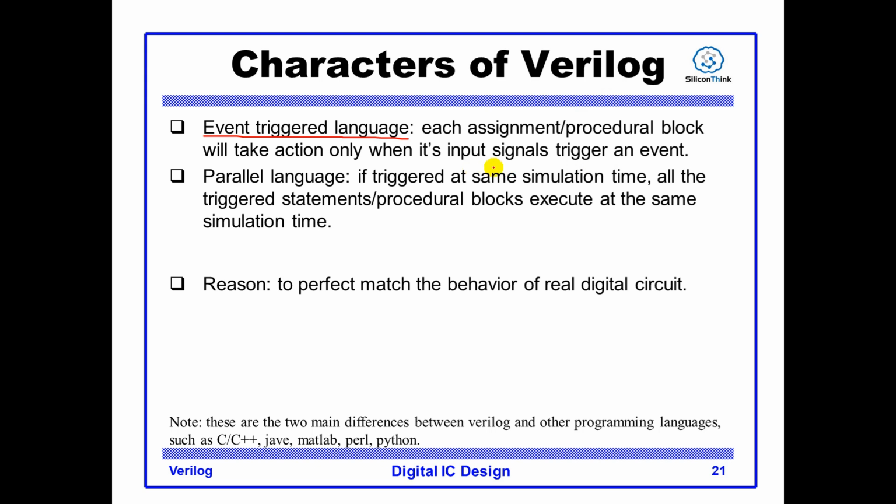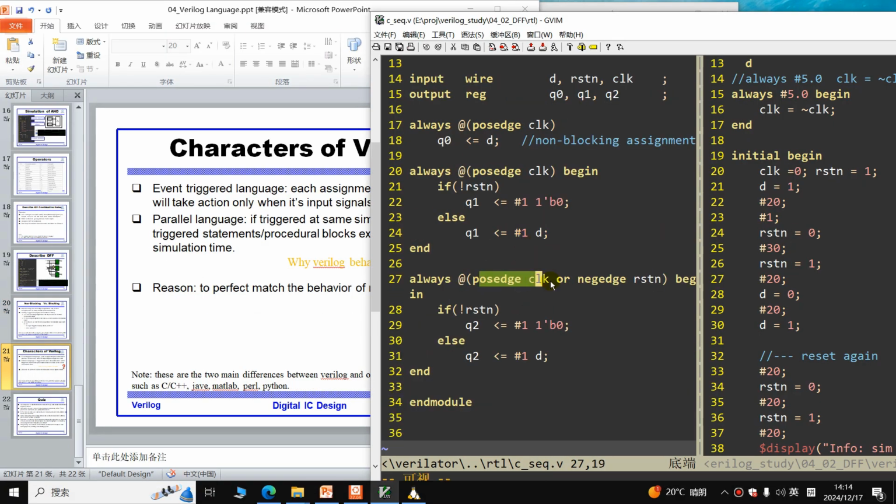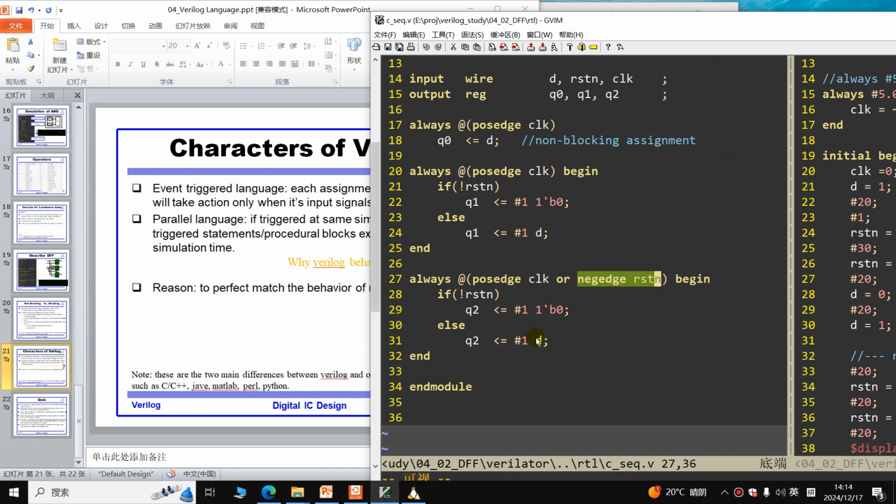Or the trigger is in the sensitivity list for an always block. Yes. So that is, if you have a positive clock or a negative reset event, then this block will be triggered and this block will be executed.